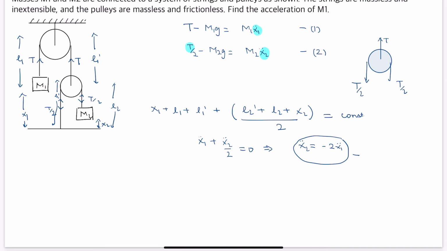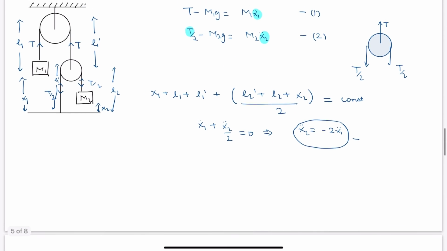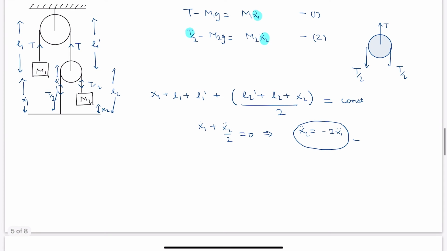Okay, so now I will move further and I will write, T minus m1g equals m1 x1 double dot, and T by 2 minus m2g equals minus 2 m2 x1 double dot, right?